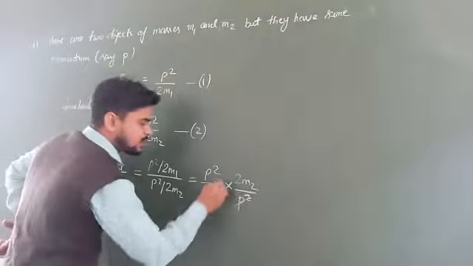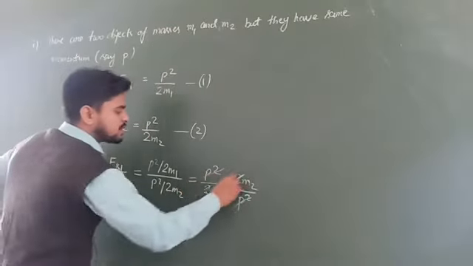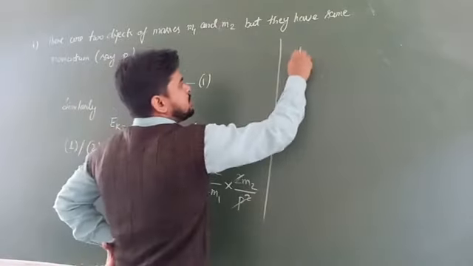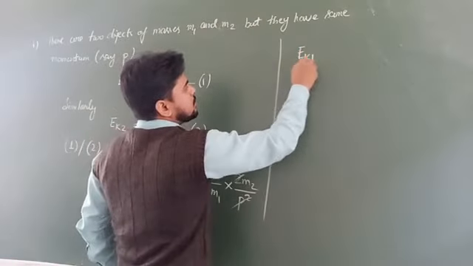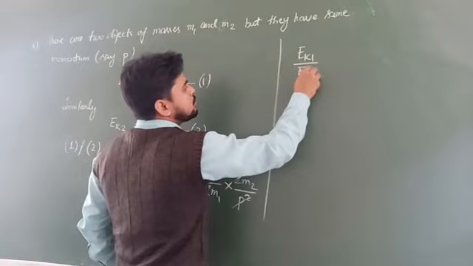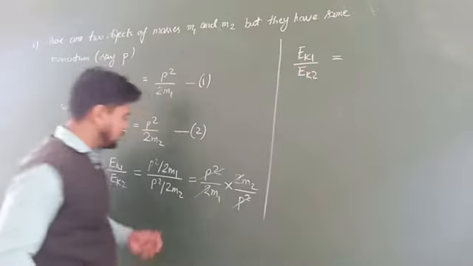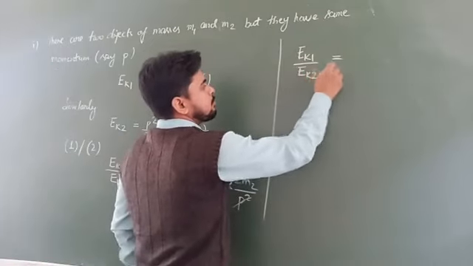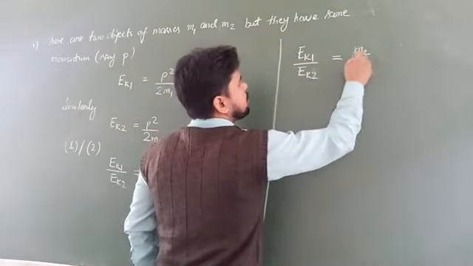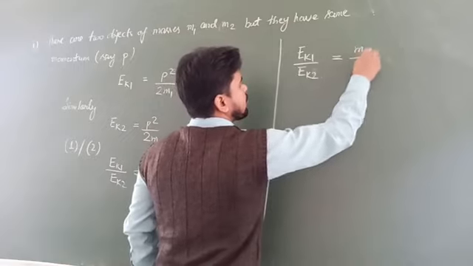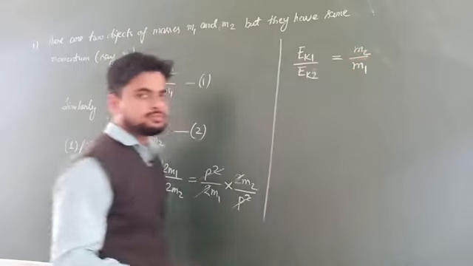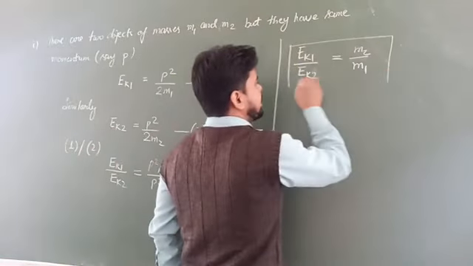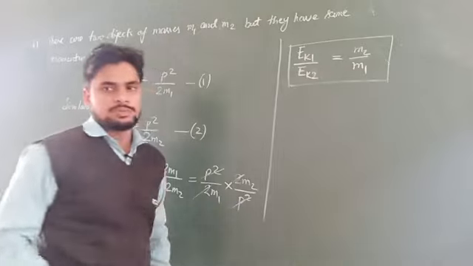Here P square and P square cancel out, 2 and 2 cancel out. Then what we have is Ek1 divided by Ek2 equals m2 by m1. So this is the required relationship between the kinetic energies of these two objects.